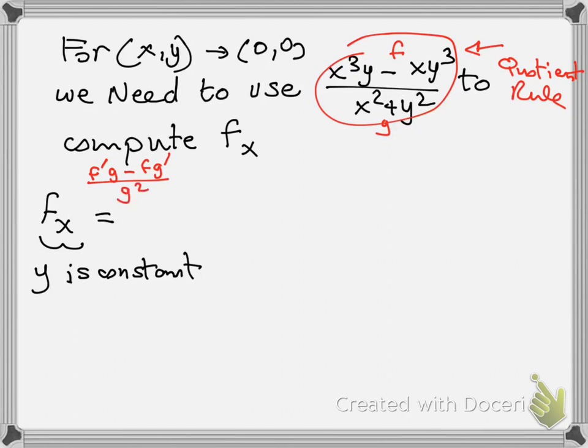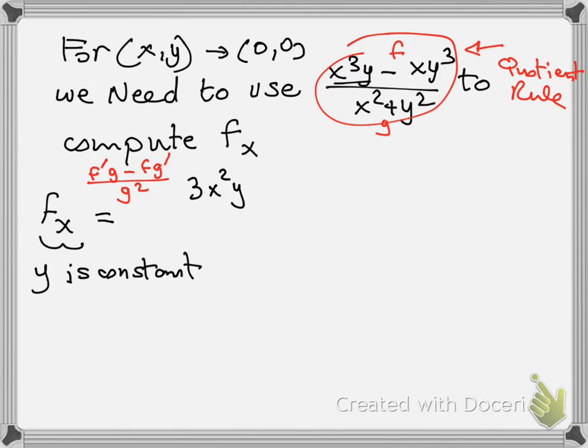The derivative of the top, with respect to x, y is a constant, so we have x cubed y, that will be 3x squared times y, and then plus 0, because y is a constant.